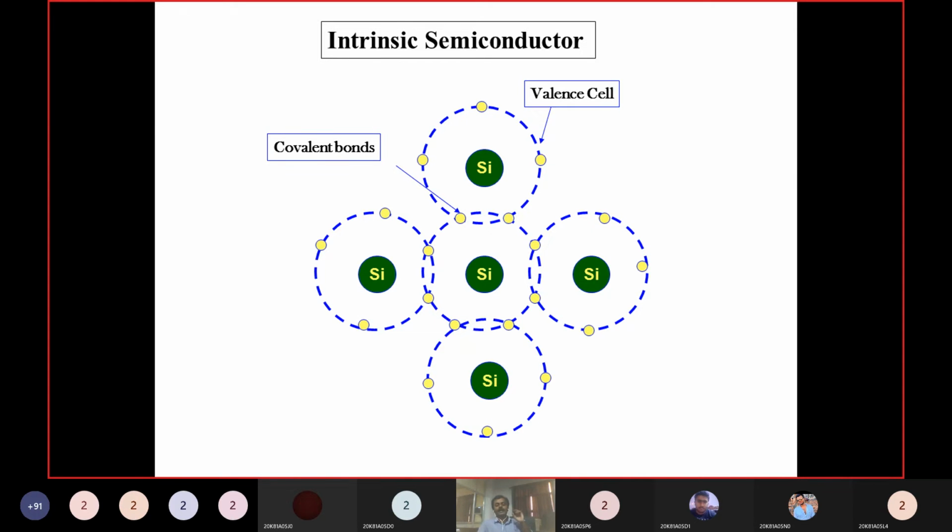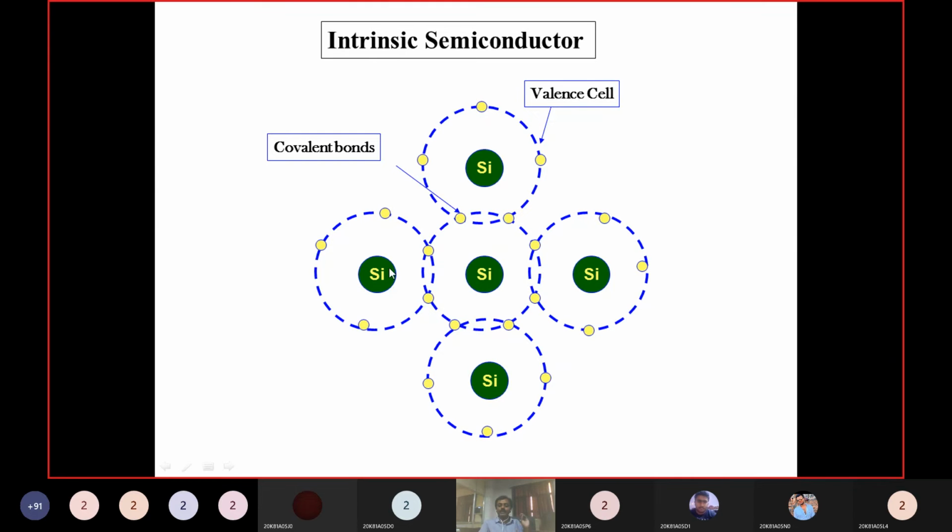Similarly in the case of silicon, depending on different metals, the bonding will be different. In semiconductors, the bonding between the atoms is covalent bonding. There are many types of bonding: ionic bonding, metallic bonding, covalent bonding.